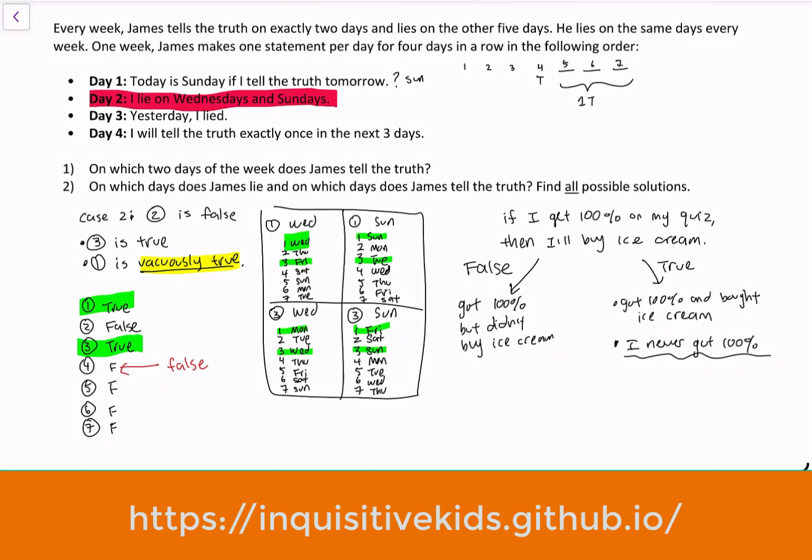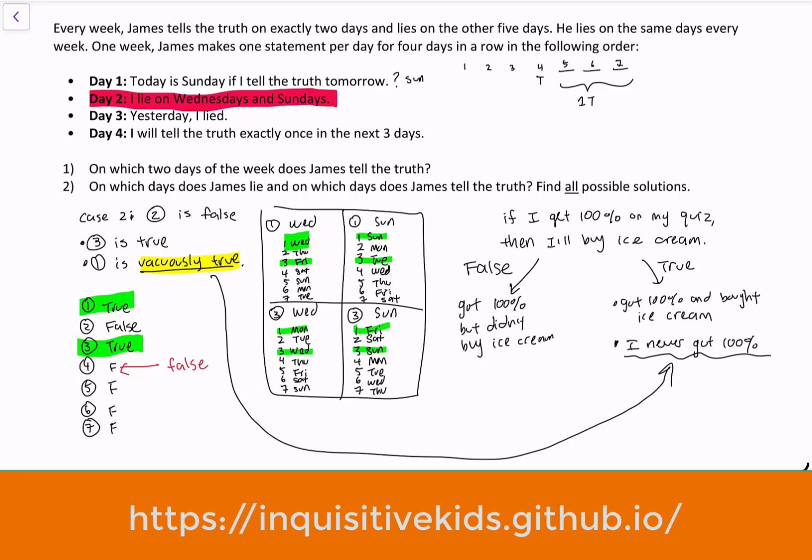I hope you learned something from this video, especially about what vacuously true means, because that was one of our more important breaking points. We needed to understand that if the condition for a statement was never tested, then that statement is automatically true.